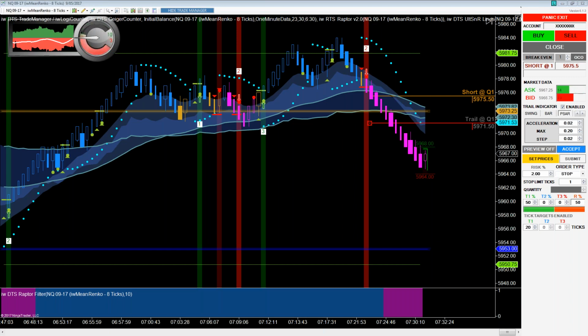And a little bit of pushback maybe from the buyers, but nothing substantial just yet. Watching the Geiger counter here, and that's significant, that pushback there.